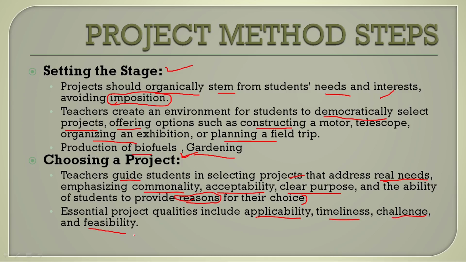So these are all the qualities of a project. In the above given projects, students may select either construction of a motor or production of biofuel. Suppose a group of students selects the construction of a motor from physics and production of biofuels from biology. Now the project has been selected. Let's look into the further steps.